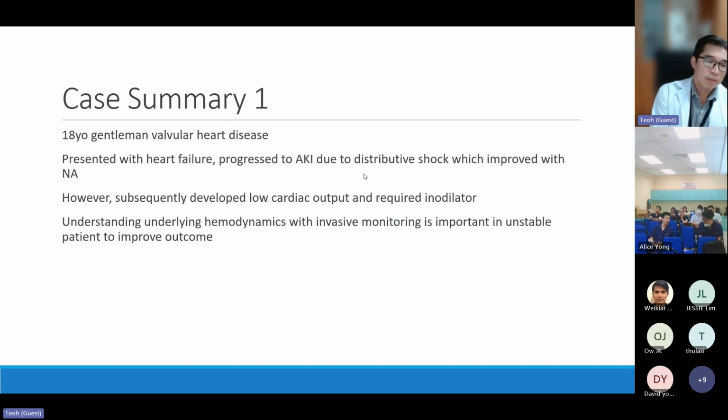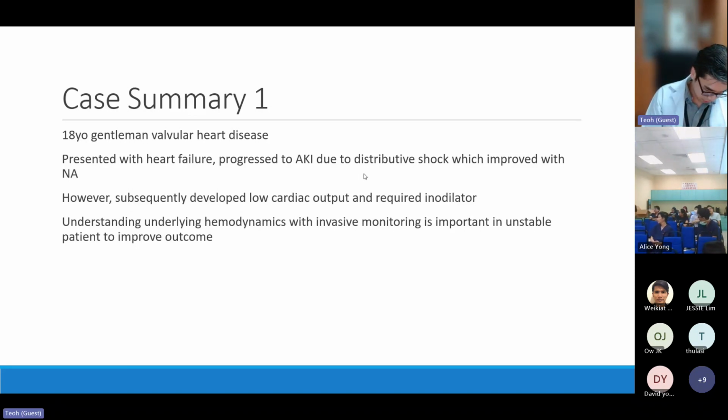So I would say the thing I can learn from this case is that hemodynamics tend to change so fast. Understanding the underlying pathophysiology can guide you on which vasoactive drug you need to use so that patients can have a better outcome. Yeah, this is case number 1.